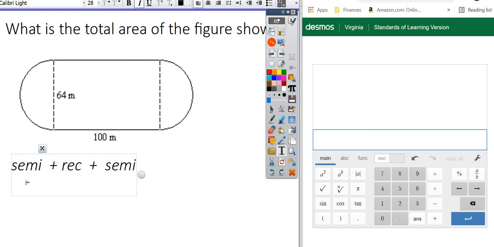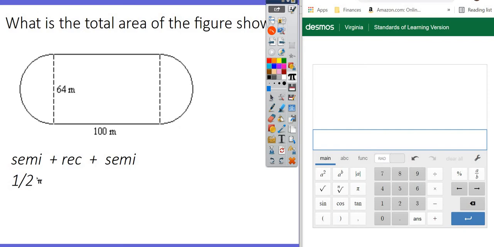The formula for a semicircle is 1/2 pi r squared. I don't know if I have a pi symbol. Nope, it won't let me, so I'm just going to write it.